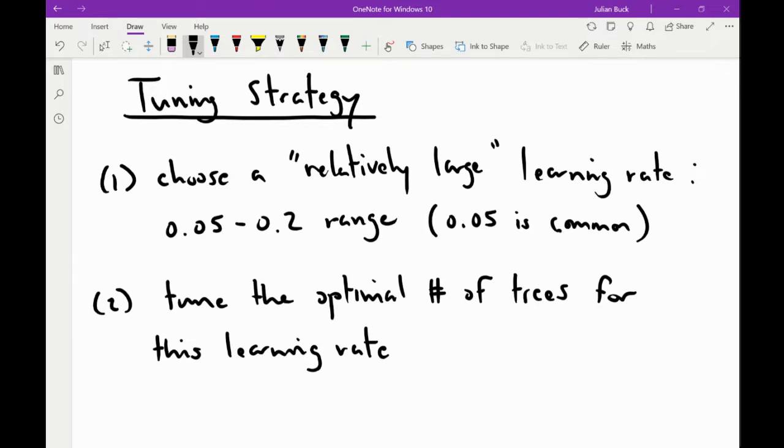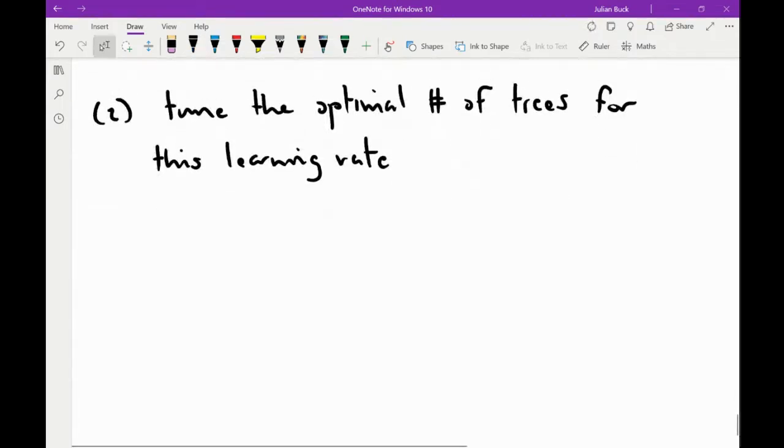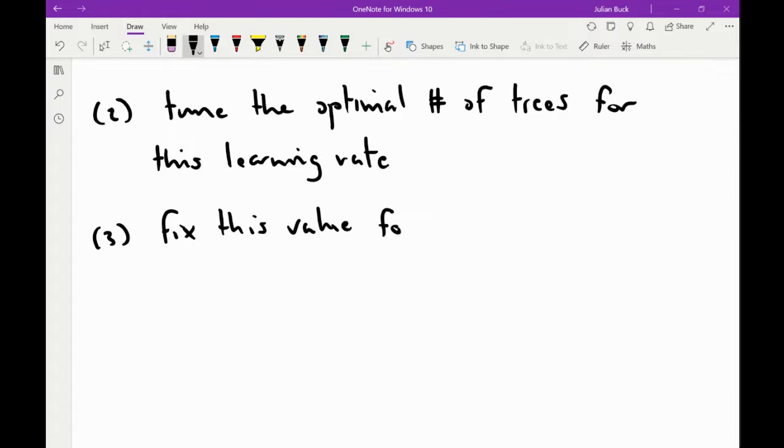And then we tune the optimal number of trees for the starting one. Okay, so then we fix this value for number of trees. And then essentially what we try to do is tune learning rate against that fixed value.